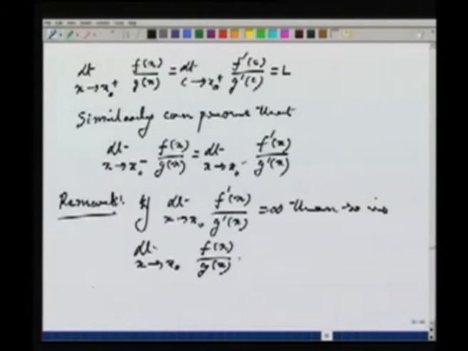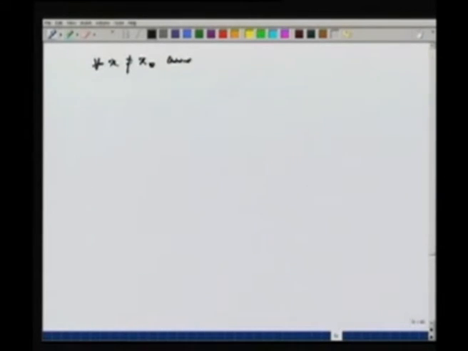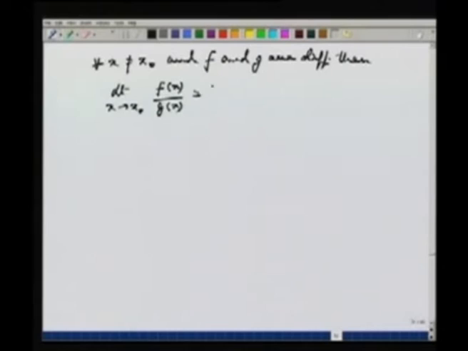As an example, let us again look at the following limit. Now I would like to mention that if the situation is something like this, that limit x going to x naught f(x) is equal to infinity, which is the same as limit x going to x naught g(x), and g(x) is not equal to 0 for all x not equal to x naught, and f and g are differentiable, then limit x going to x naught f(x) by g(x) is limit x going to x naught f prime x by g prime x, provided the right hand side exists.